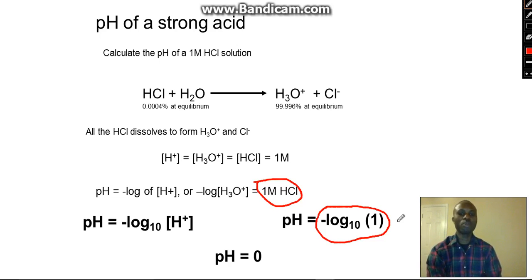It means the pH of a 1 molar hydrochloric acid is equal to 0. But now this is a strong acid. Now let's move on and see how we can work with weak acids.